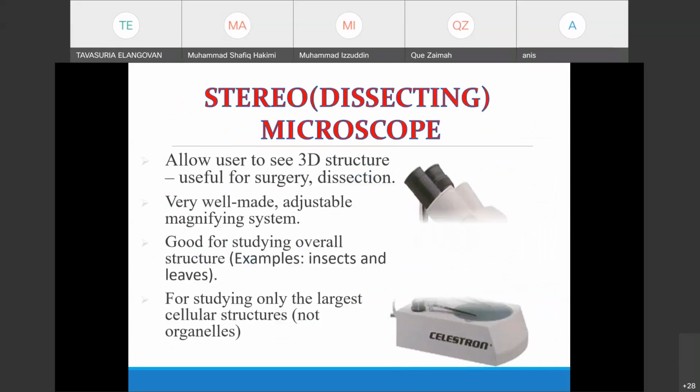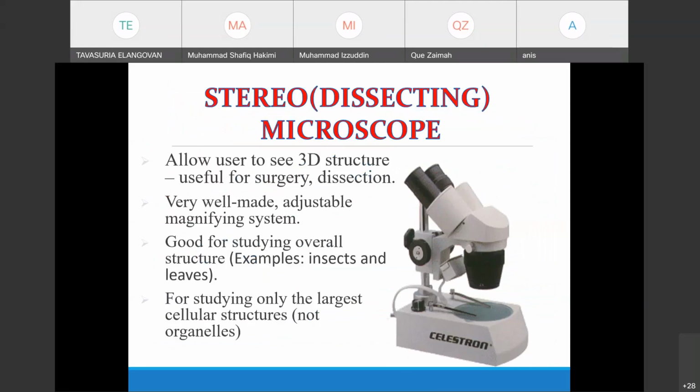Okay, so this is the stereo microscope. So the basic difference between the compound light microscope and the stereo microscope: the stereo microscope is used to see the 3D structure of the image and also used to observe larger specimens.